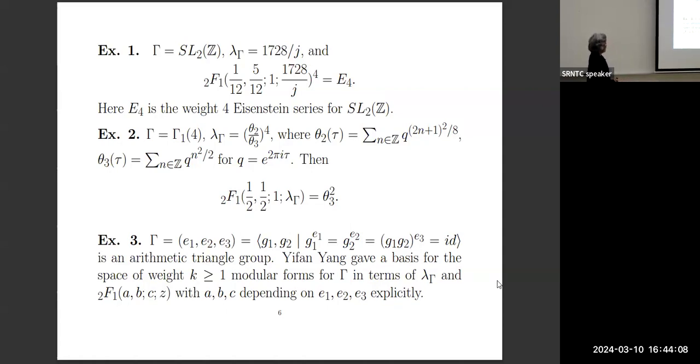And so it is an arithmetic triangle group. Ivan Yana gave a nice basis for the space of weight k modular forms for this group using a parameter lambda and also a 2F1 function, where the parameters A, B, C are expressed using the orders E1, E2, and E3.